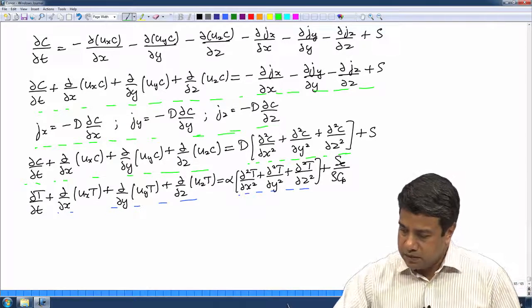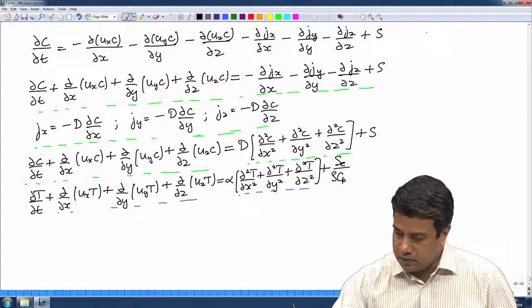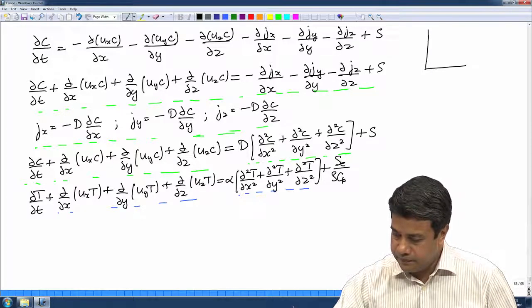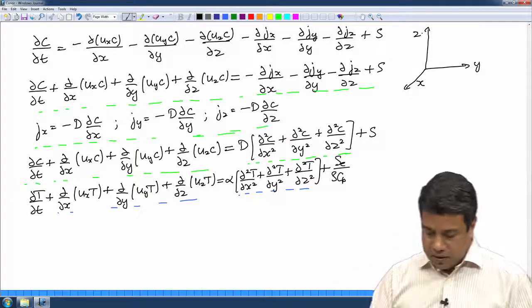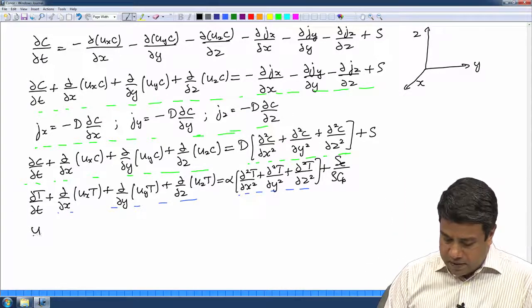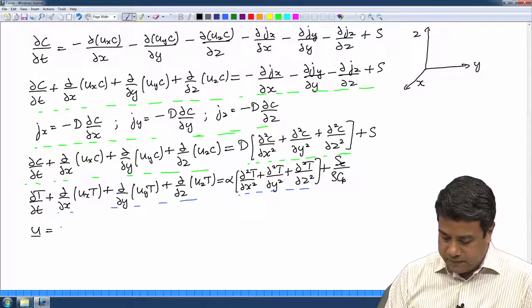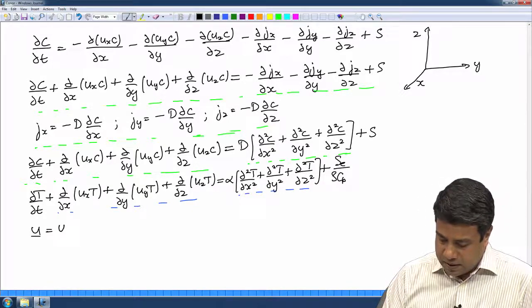For that, let me go back and draw a coordinate system once again. This is x, y, and z. The velocity is actually a vector. It can be written as the sum of the components times the unit vector.